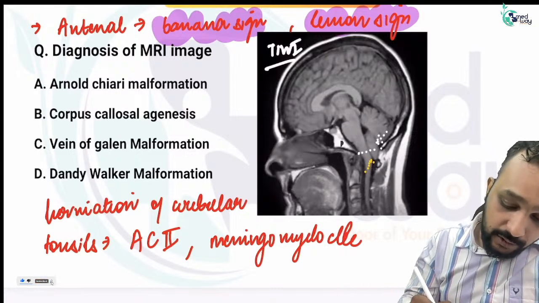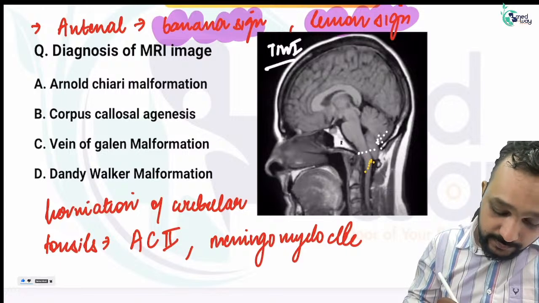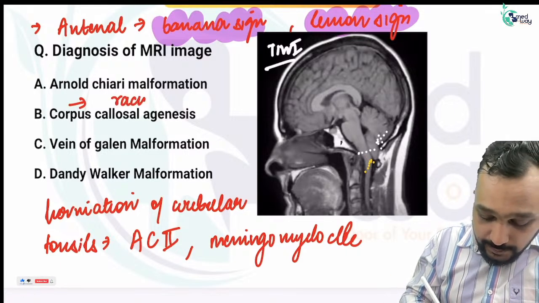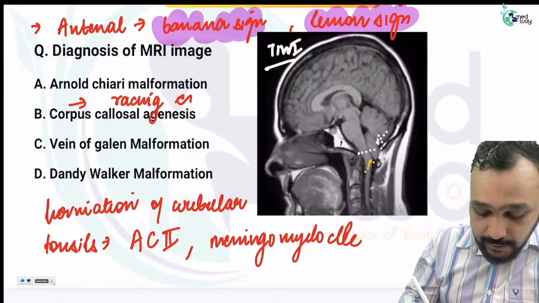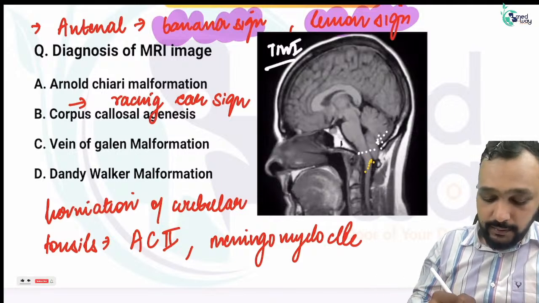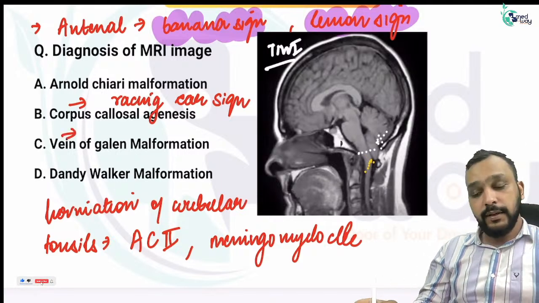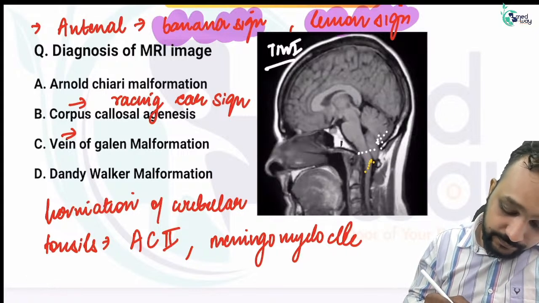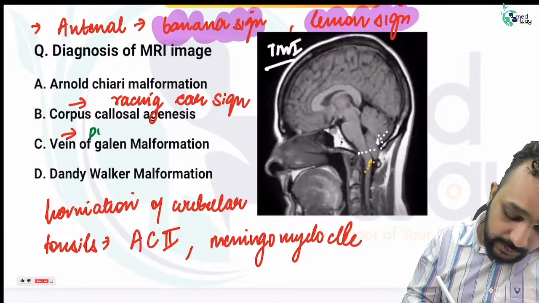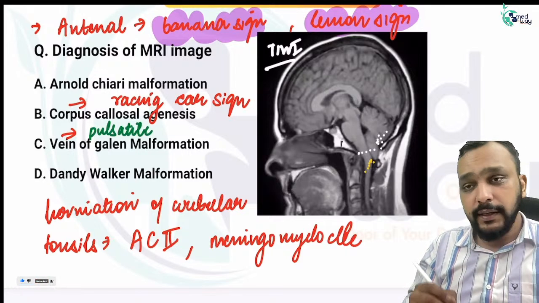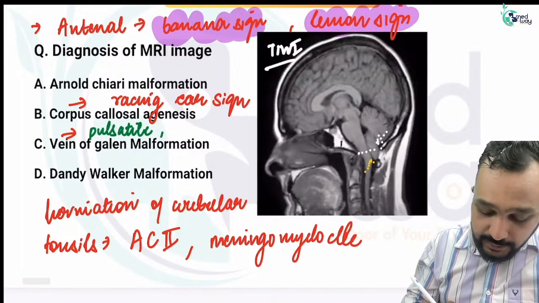If I talk about corpus callosum agenesis, in corpus callosum agenesis, you will get a racing car sign on T2 weighted images. Vein of Galen malformation, you will have a history of pulsatile swelling in the anterior fontanelle, right?